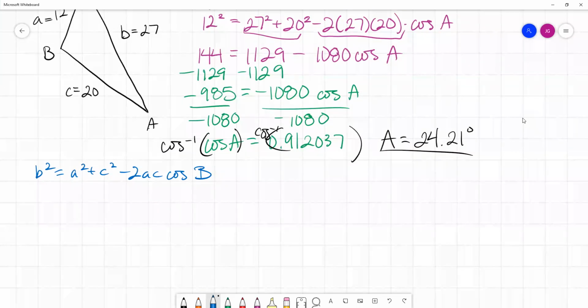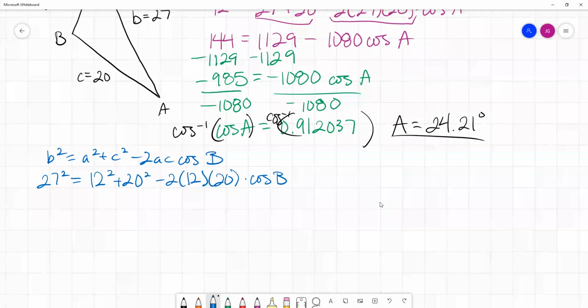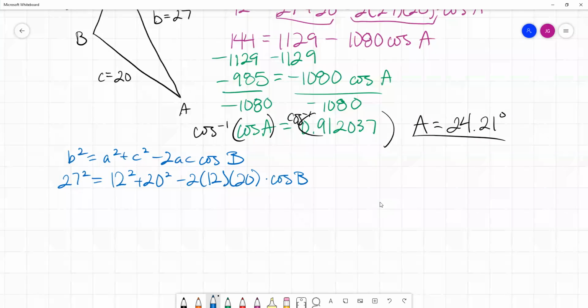Let's plug everything in. So B squared, 27 squared, is equal to 12 squared plus 20 squared minus 2 times 12 times 20 times the cosine of B. Okay, so now let's go ahead and clean everything up. 12 squared plus 20 squared, that's actually not bad, right? Because 12 squared is 144, 20 squared is 400, so that's going to be 544.